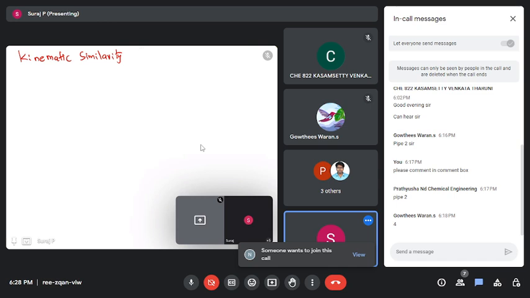If the velocity in the x-axis divided by the velocity in the y-axis at point 1 is equal to the velocity in x by the velocity in y for point number 2, it is called kinematic similarity. For following kinematic similarity, the system should follow geometric similarity.